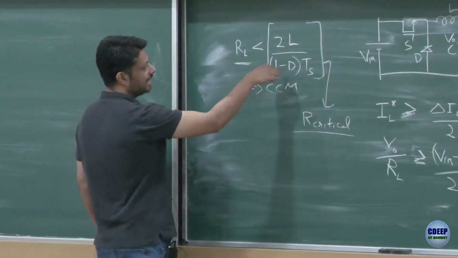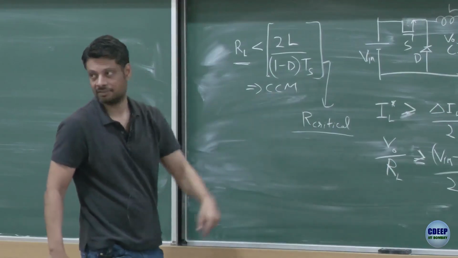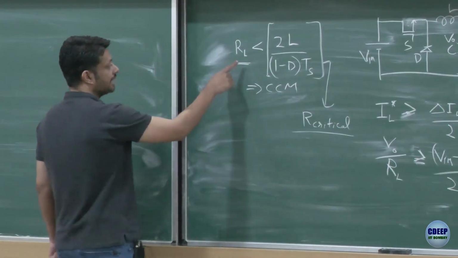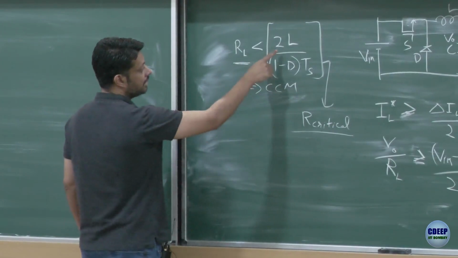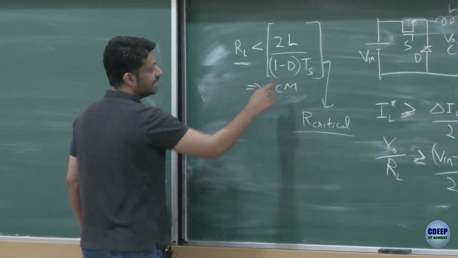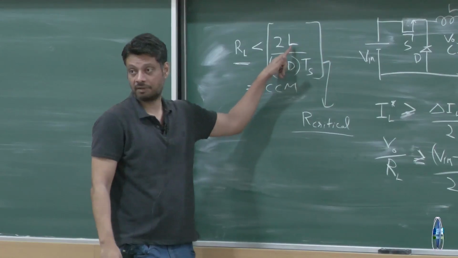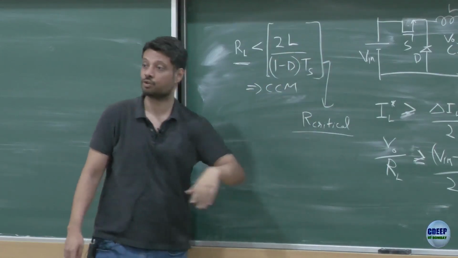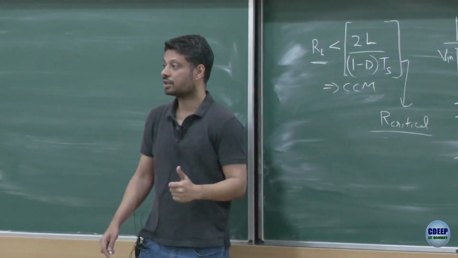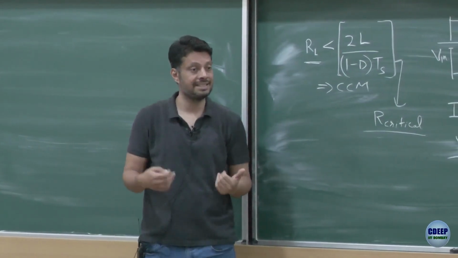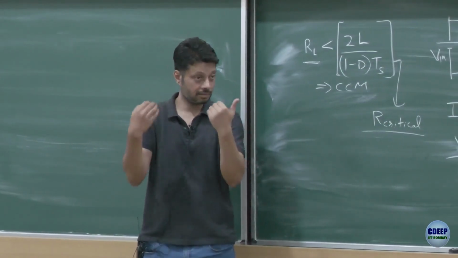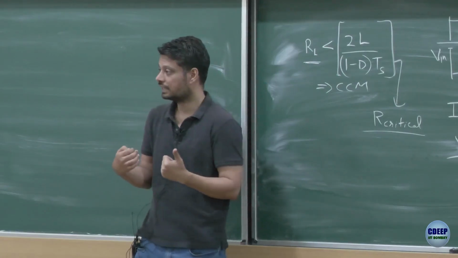Let's just understand the relationship once before we go and derive the expressions for 3. So the critical resistance is equal to 2L by (1 minus D) times Ts. That means if you have higher value of L, your critical inductance would also be higher. That means your converter can operate in CCM further till a lighter load condition. Is that okay?